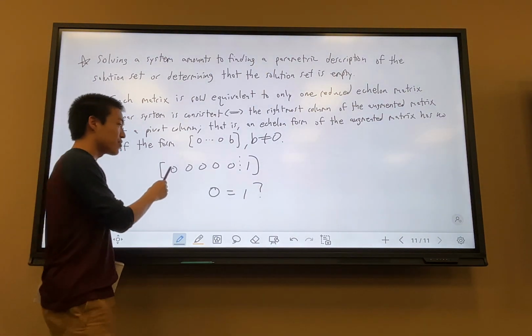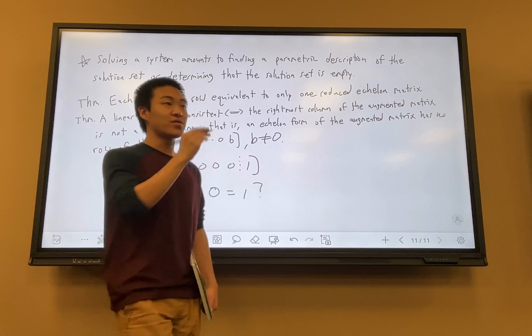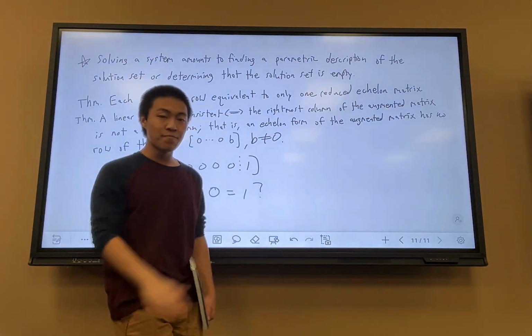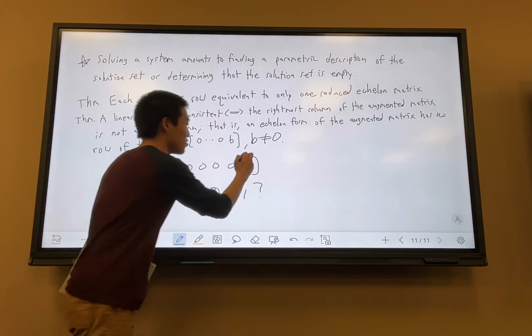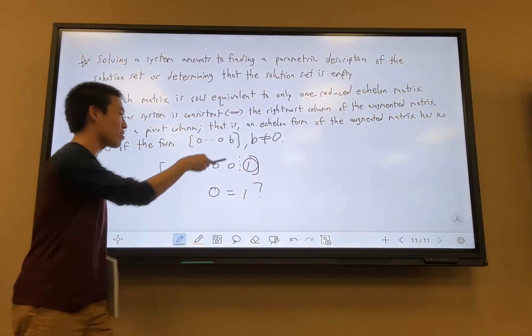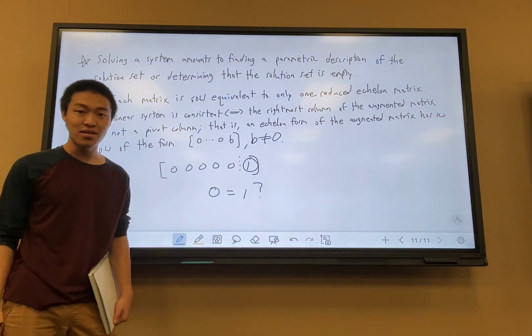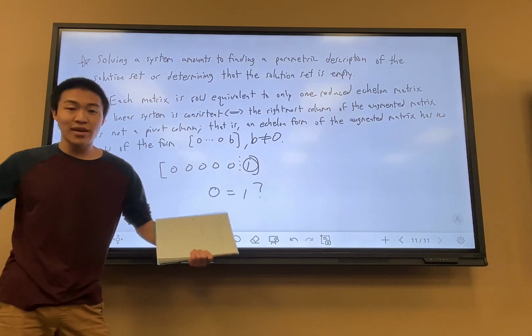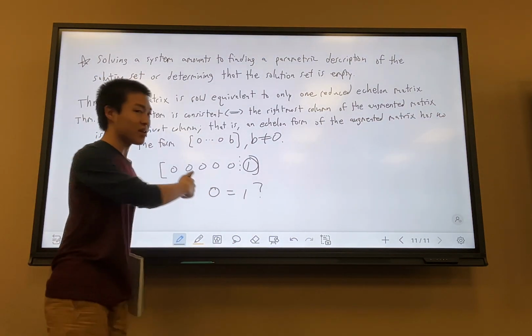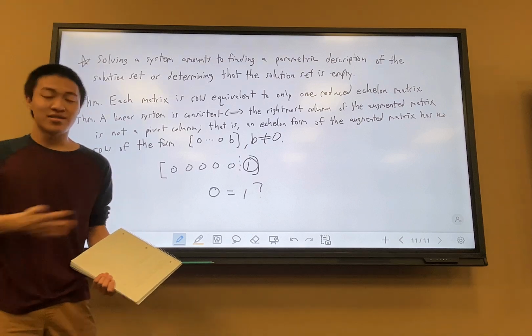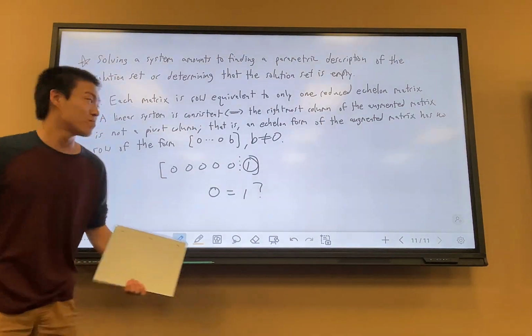And so if you end up going through the whole algorithm, so if you take an augmented matrix, you make it row reduced echelon form all the way down, and then you get a pivot in that really bottom right corner at the very end, well, that's a problem. You can't have solutions because you're going to have 0 equaling some number that's not 0. And 0 can never not be 0.